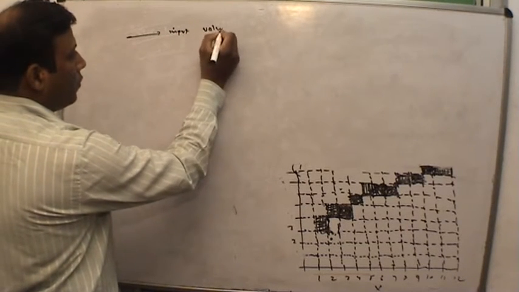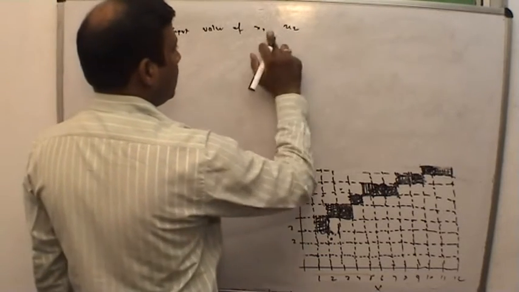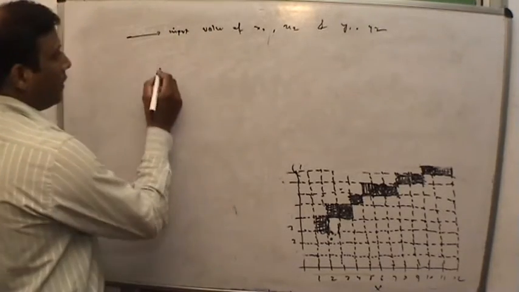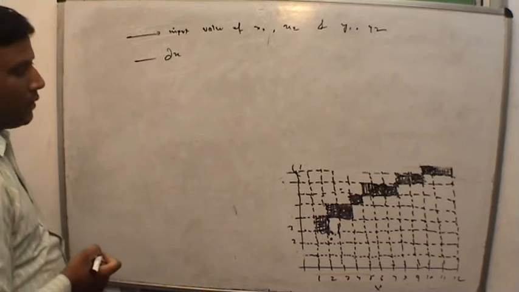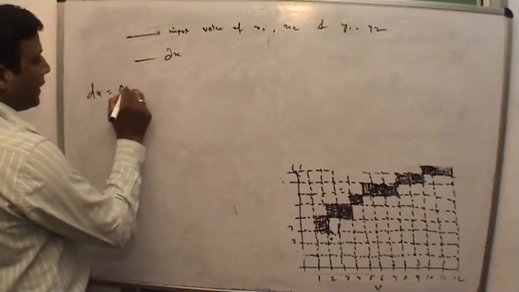Input value of x1, x2 and y1, y2. Then the difference of x, dx. This dx can be represented as delta x.